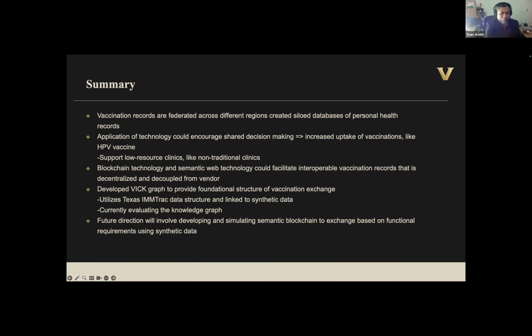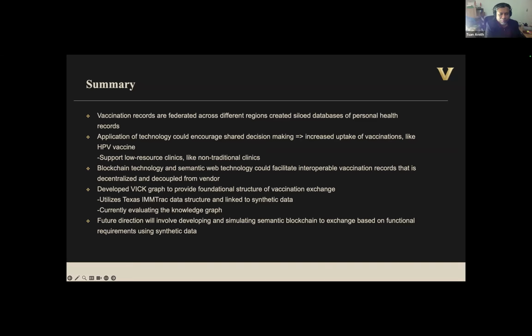Overall, as we mentioned, vaccination records are federated and they're siloed. So technology could help encourage shared decision making, which could lead to increased vaccination uptake, specifically for HPV vaccine. It could also help low resource clinics.